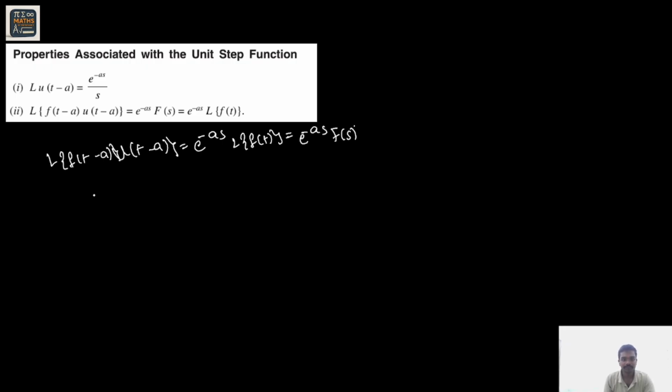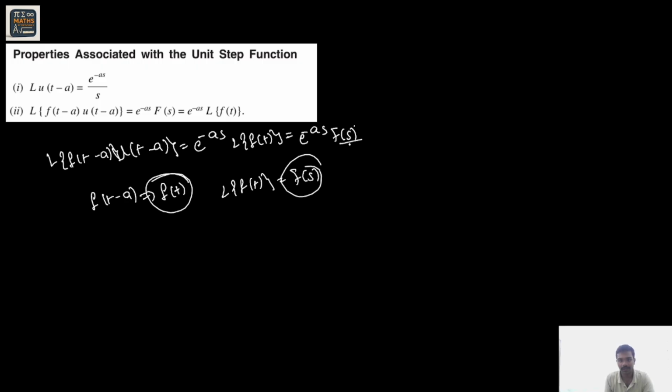First we find f of t minus a from the given function and convert this f of t minus a to f of t. Then we find the Laplace of f of t, then we get capital F of s. Then Laplace of f of t minus a into u of t minus a is e power minus as into F of s. Now we see some problems, then we get an idea about this unit step function.